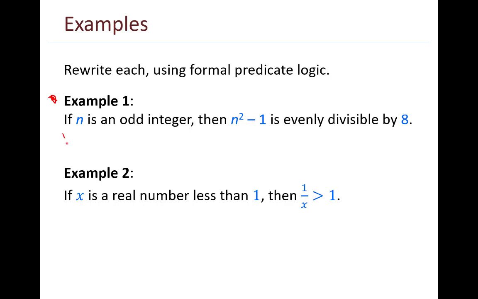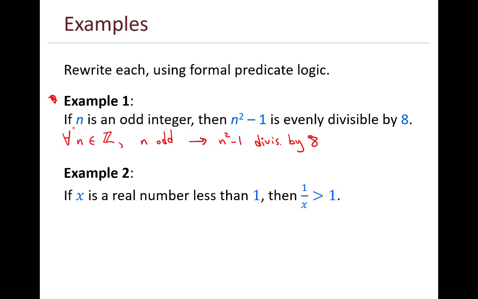So we might say, for all n in my set of integers, n odd implies n squared minus 1 divisible by 8. All right, so I'm using the for all, and I'm using the little arrow for implication. I'm just writing it a little bit more logic-y.